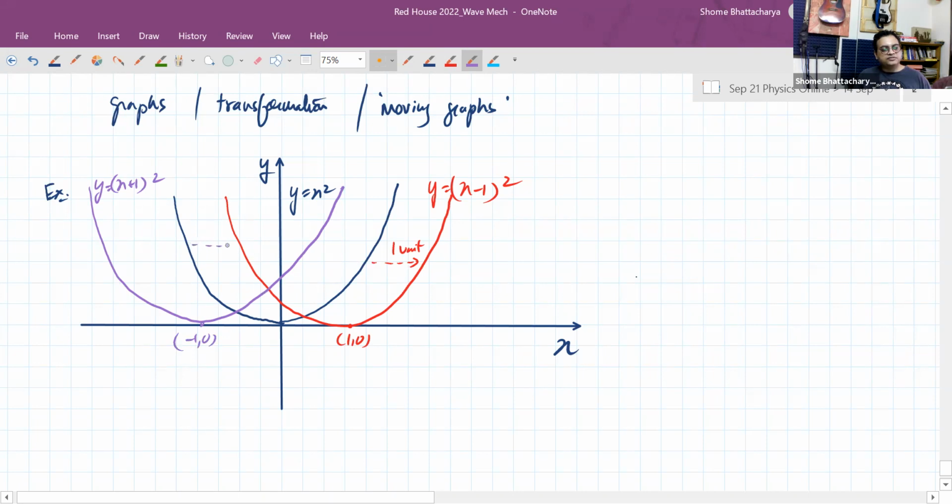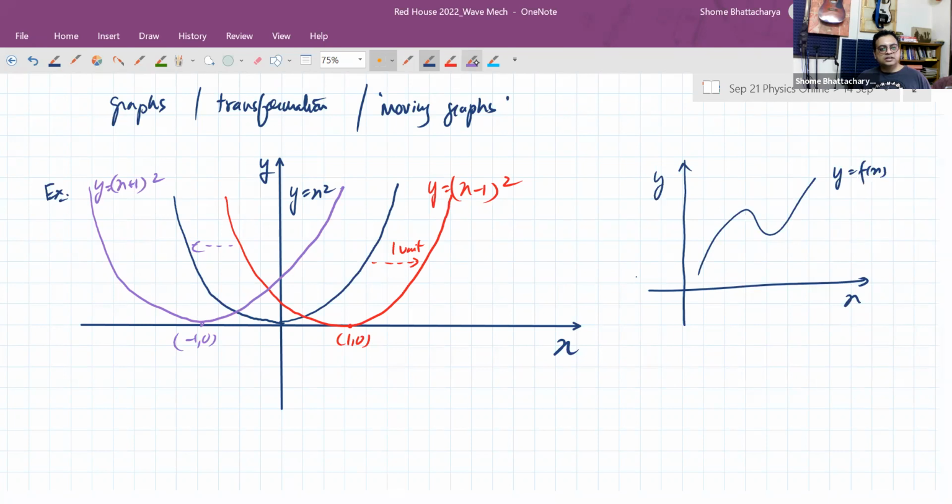Any graph can be shifted. So in general, the graph of any function, whatever the shape of that function, can be shifted horizontally like this by replacing x with x minus d, which gives it a shift like this.